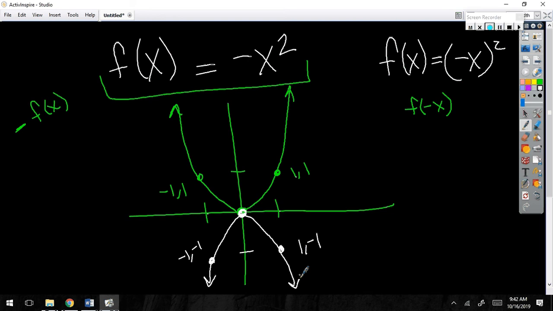I will. I'll show you. This is not a great example of a reflection over y because it's an even function. And even functions are already symmetrical about y. Let me show you a different one that's reflected over y so you'll really be able to see it. Y'all okay on that?